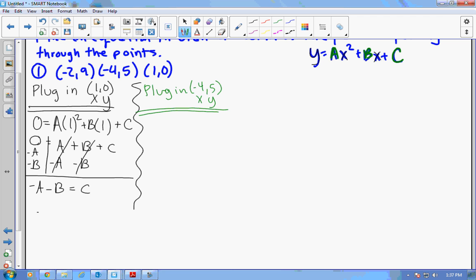Y equals, what's the y? Yep, so 5 equals, we're plugging into this function right here. Well, a times -4, there you go.